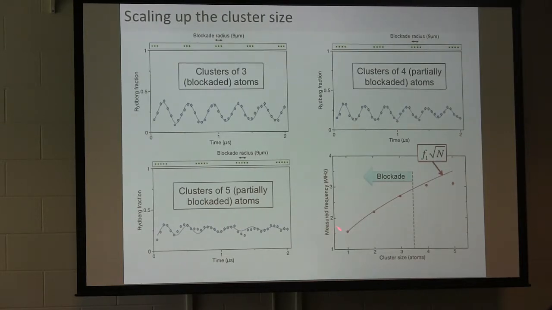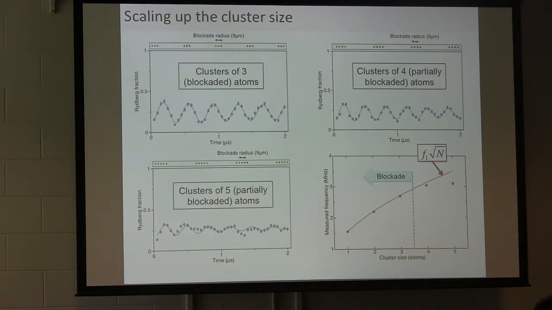So this red line here is just the non-interacting frequency multiplied by the square root of n. And as you make your cluster size bigger than the blockade radius, then this simple two-level description doesn't apply anymore, and you get more complex dynamics, which explains this deviation here.